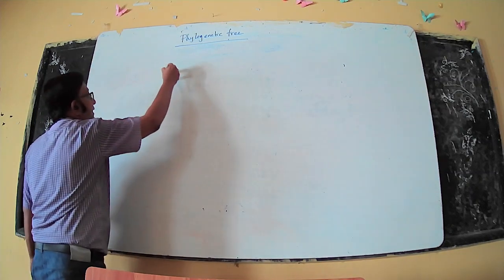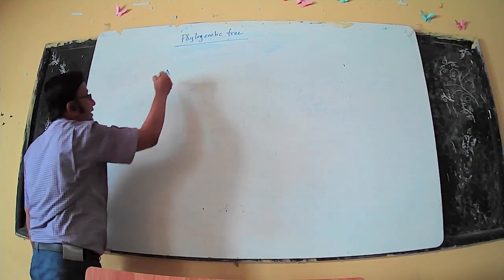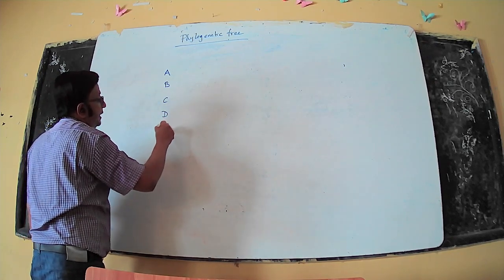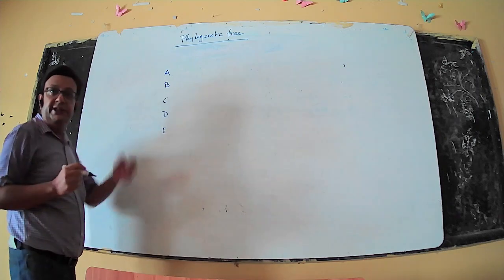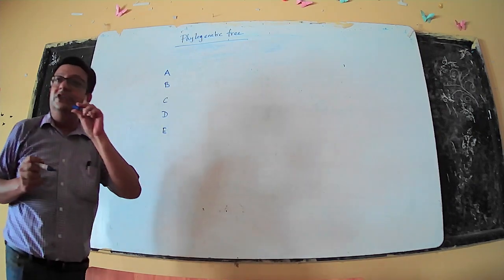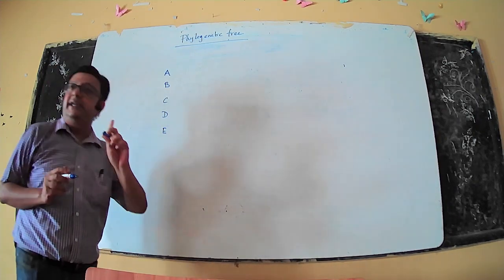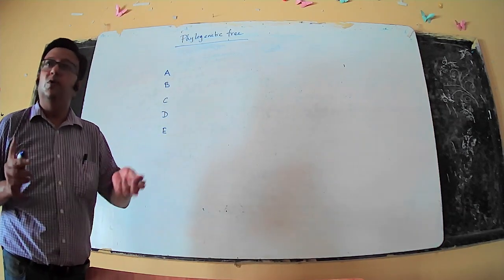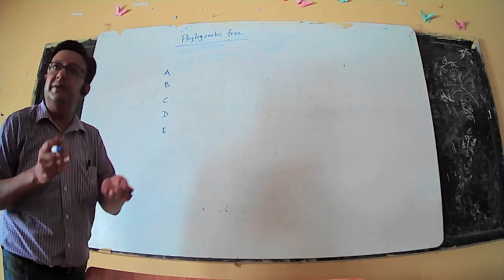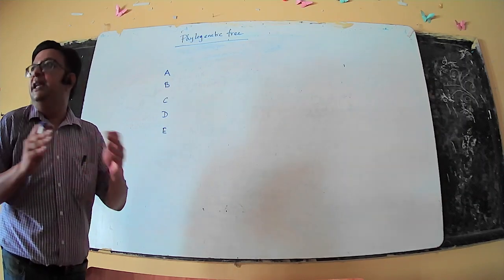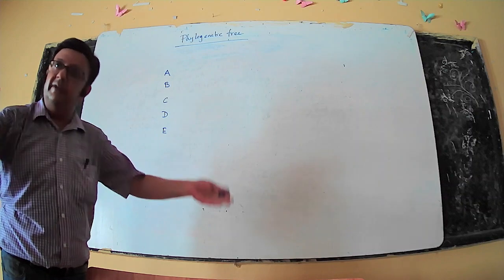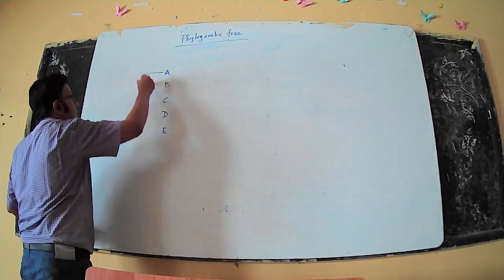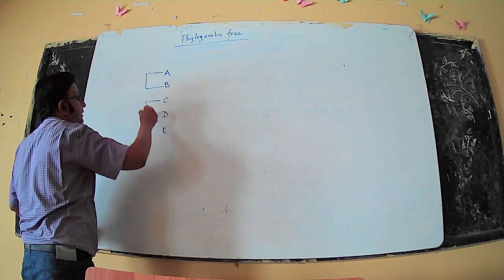Species A, I am drawing them like this: B, C, D and E. You are studying these 5 species and trying to construct a phylogenetic tree based on their similarities in characters and not dissimilarities in characters. Who is more close to each other? More number of similar characters close to each other, less number of similar characters far away from each other. So let's draw this relationship like this.